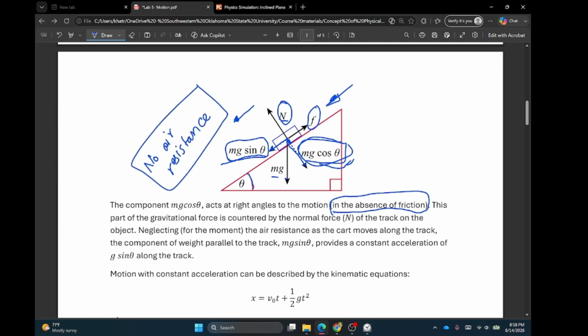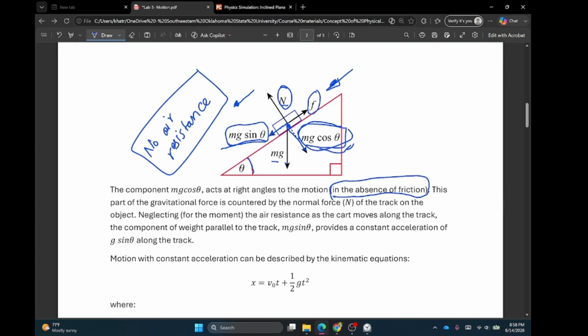So we are doing this experiment considering it's an ideal case where there's no air resistance and no friction between the object and the inclined plane.